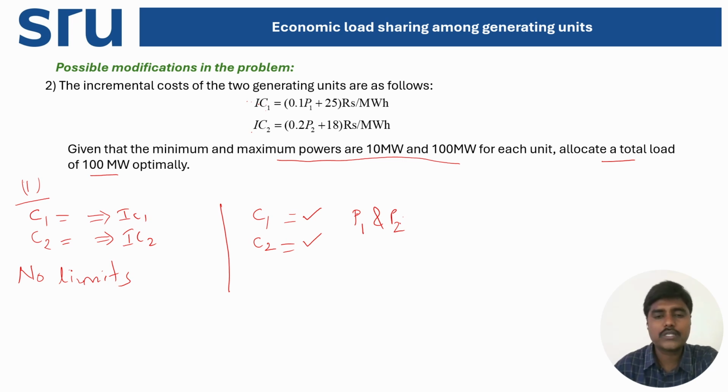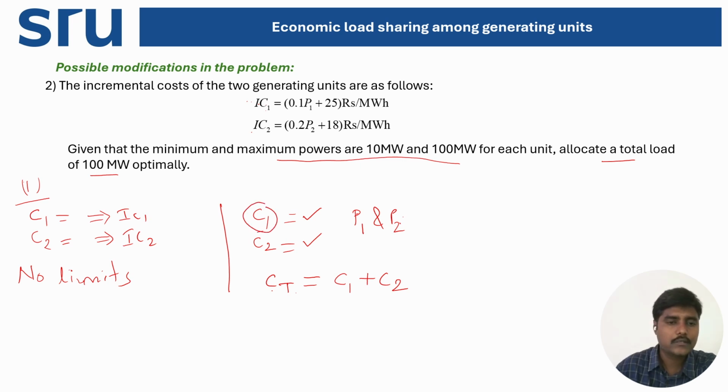And sometimes the question can be modified such that you have to find the total fuel cost of generation. That can be determined by using total fuel cost equal to C1 plus C2. So first you find the individual fuel costs using the respective power values P1 and P2. Then if you take the sum, that will give you the total cost of generation.